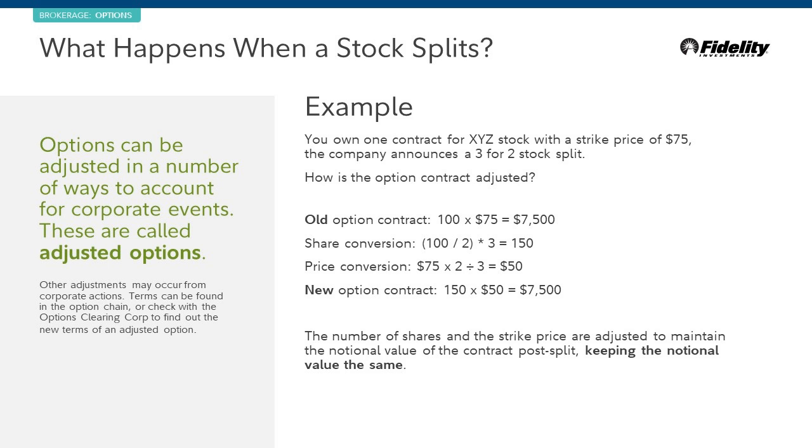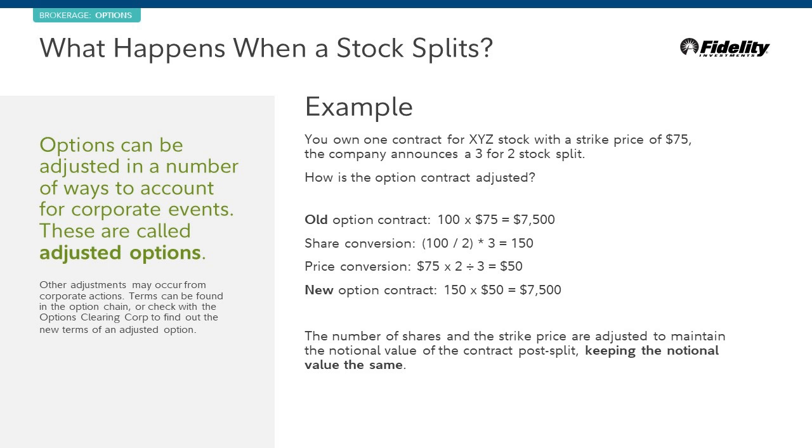If you were long a call contract and wanted to buy the shares of stock, you'd have to put up $7,500 to buy the shares, regardless of what the stock went on trading. If you were long a put contract like James was talking about, and you wanted to make somebody buy the shares from you, they'd give you the $7,500 in exchange for the shares. So this notional value becomes very, very important.